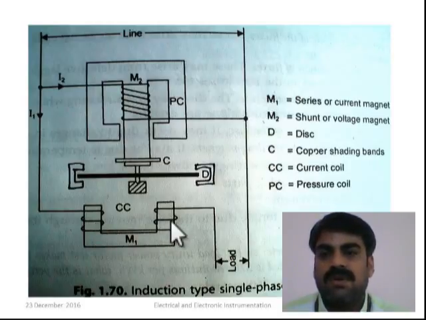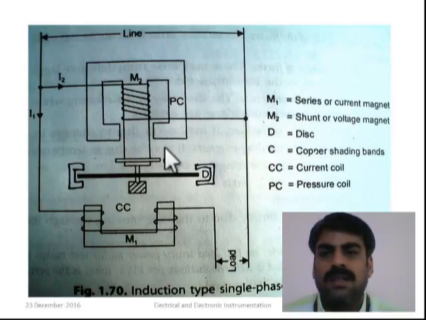There is another name for these two magnets. The M1 magnet forms the current coil for the meter, and M2 forms the pressure coil for the meter. So it is similar to the electrodynamometer wattmeter construction.